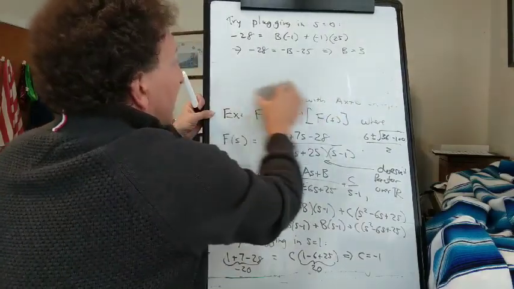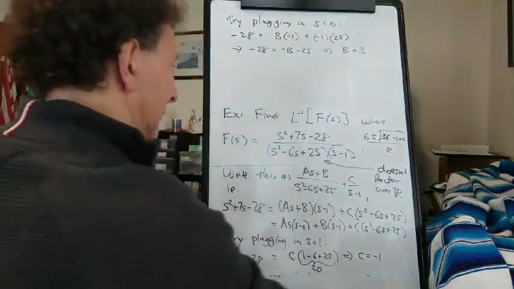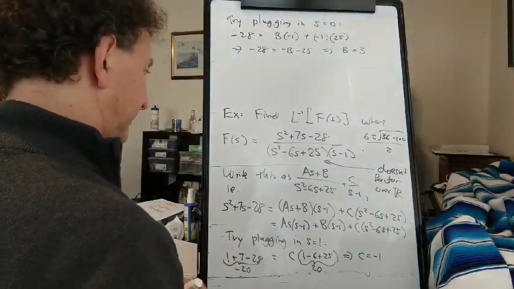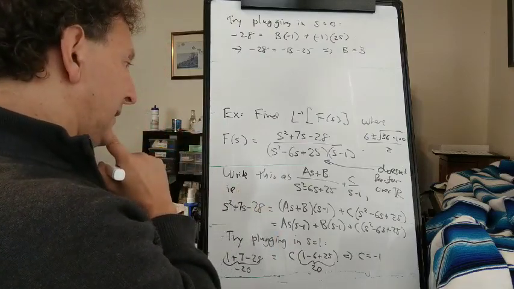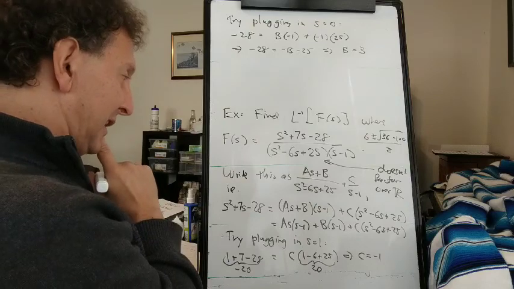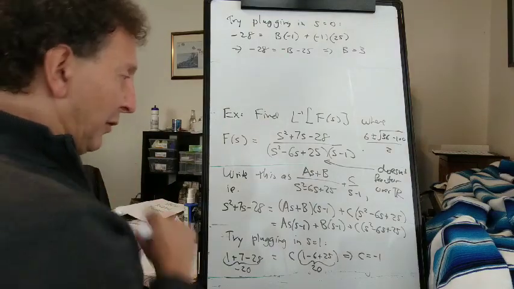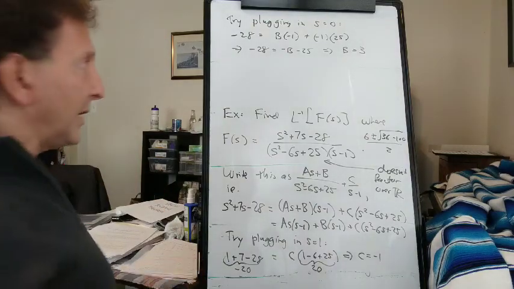So we've solved for c and b. Now we need to solve for a. Now I don't think there's any other good numbers to plug in. So let's compare coefficients of s squared on both sides.